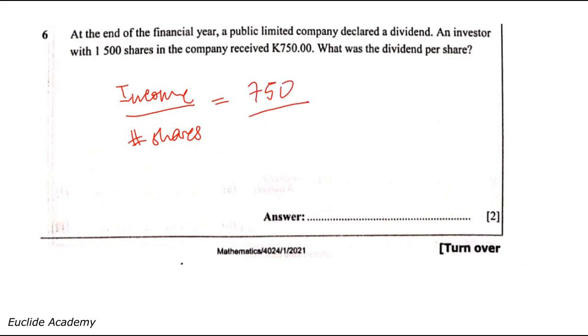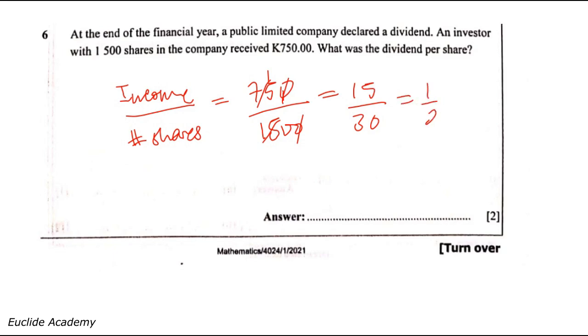So basically this simply means that we have got 750 kwacha which was paid out, divided by 1,500 shares that the owner has. So how much per share was this? Basically, since we don't have a calculator, we can just try to do the old school mathematics. We can cancel the 0, then we have 75 over 150. So if we say, okay, we're not really sure how we do this, so we can say 5 into 7, we have 1, remainder 1, 5 into 15 is basically 15.